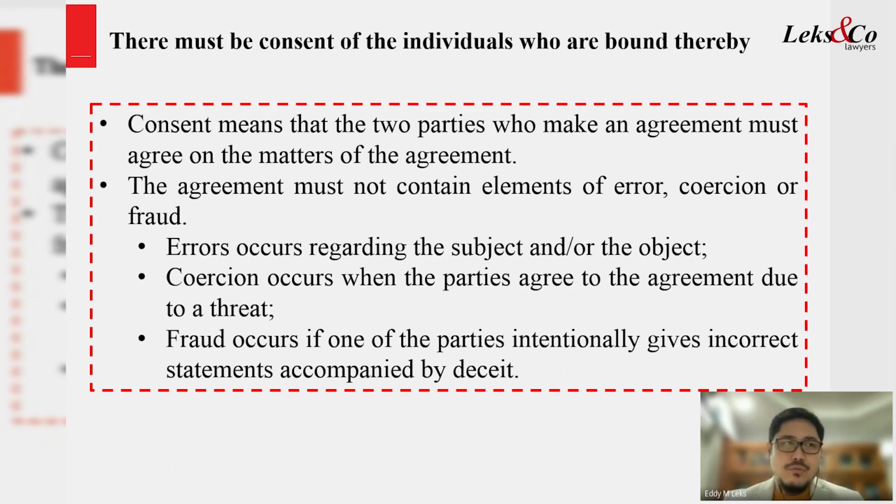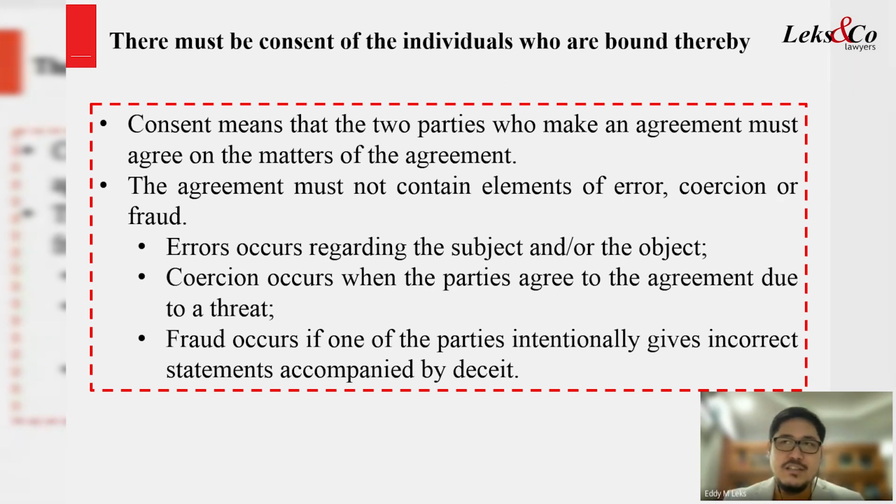So it means that the defect of the consent will be the defect of an agreement, or we can say that the agreement will be defective if the consent is defective.